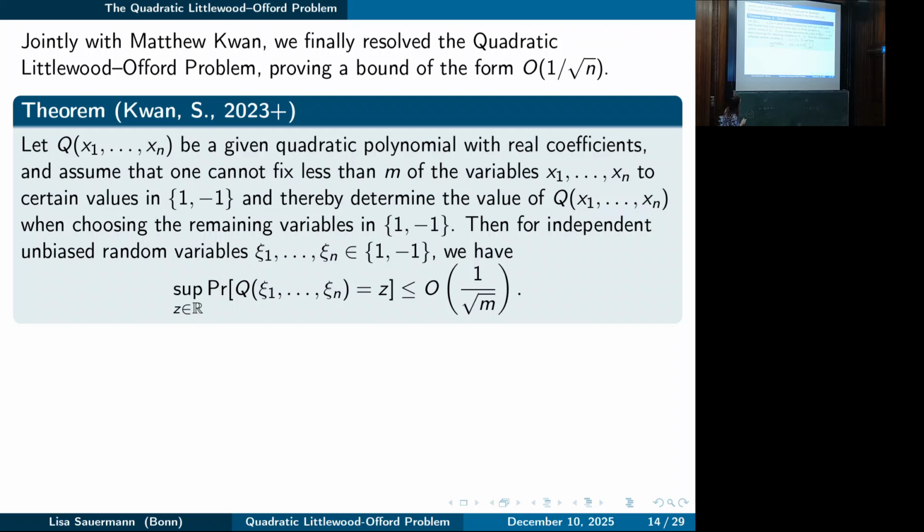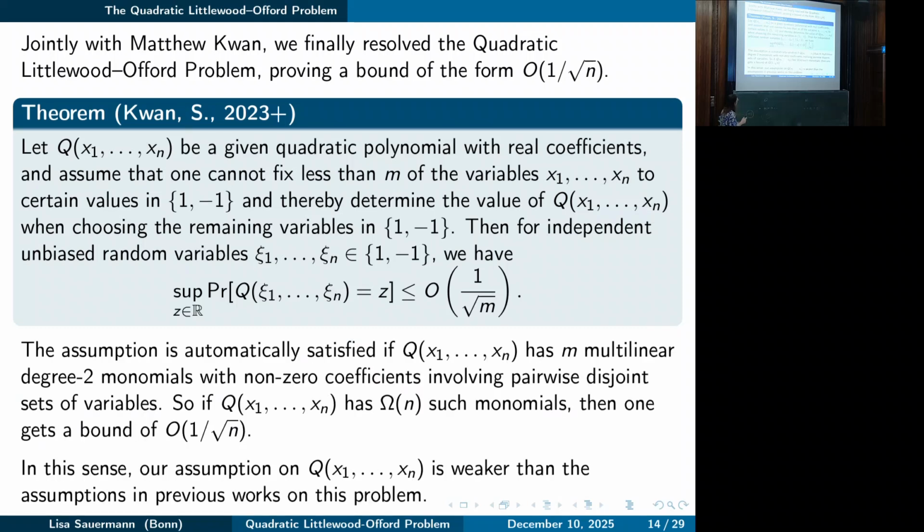Here m was the number of variables that we would need to fix in order to determine the value of the polynomial. In particular, this assumption, as we already discussed earlier, is automatically satisfied if we have m multilinear degree 2 monomials with non-zero coefficients with pairwise disjoint sets of variables.